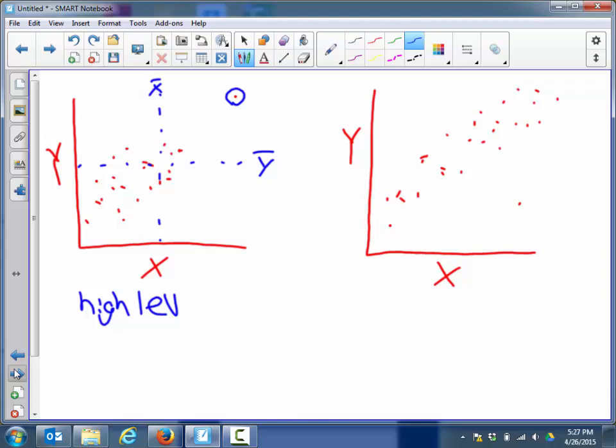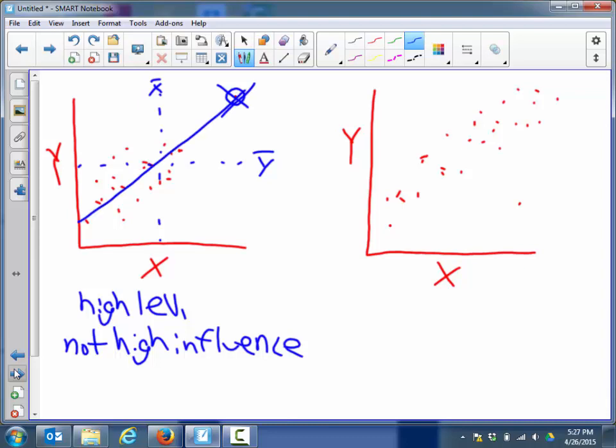The correlation coefficient really listens to this guy because it's got a huge z-score for X, it's got a huge z-score for Y. Now, it is not, however, high influence. Why? Because if you took that data point out, you would still have a regression line that took on basically the same shape, regardless of whether or not that point is present.